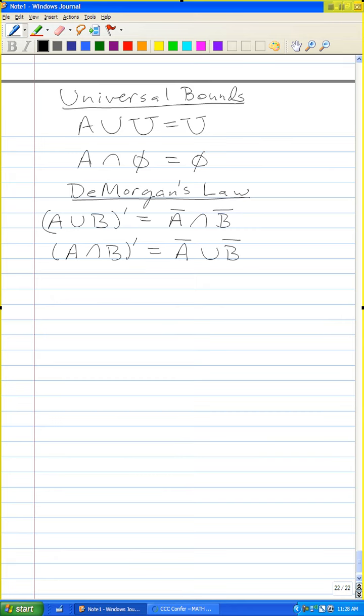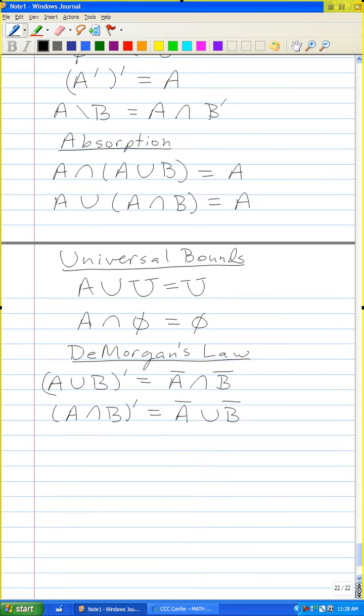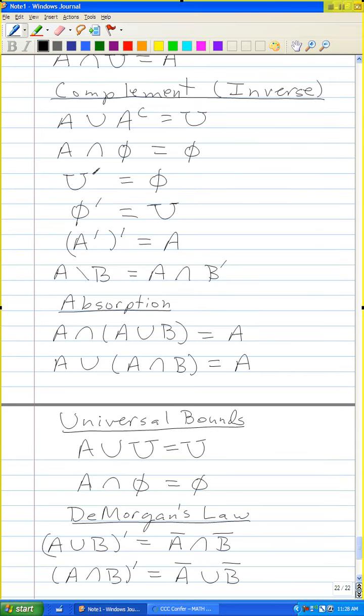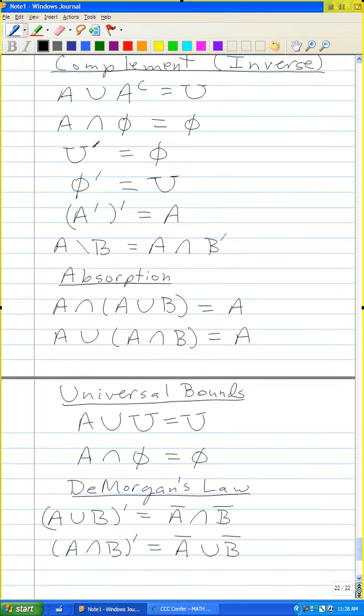Okay. And let's see, did I give the complement? I may have given the complement laws. Yes, I did. Okay. So those are really about it.